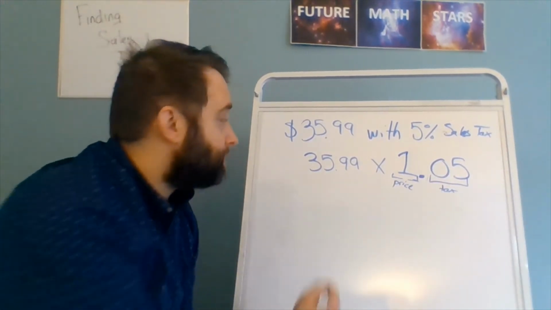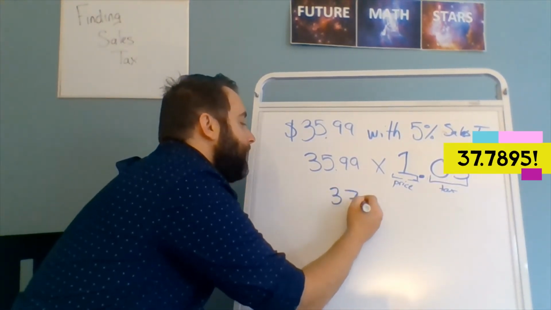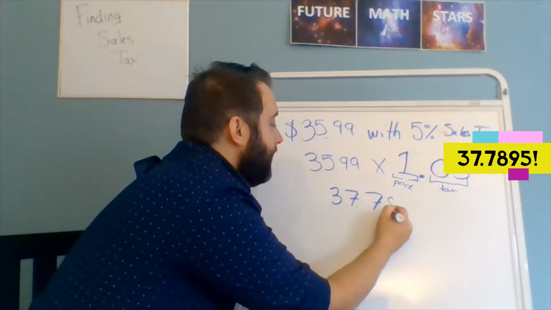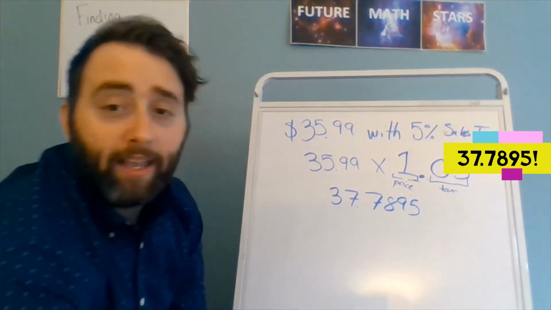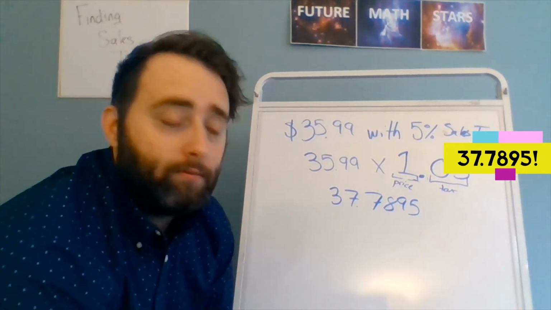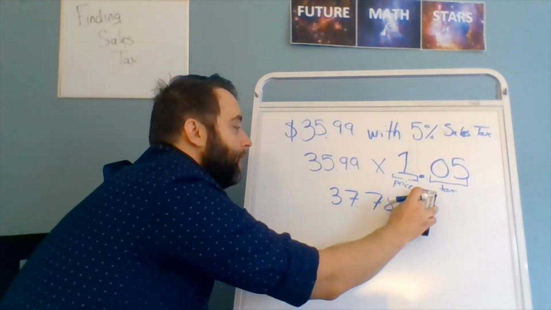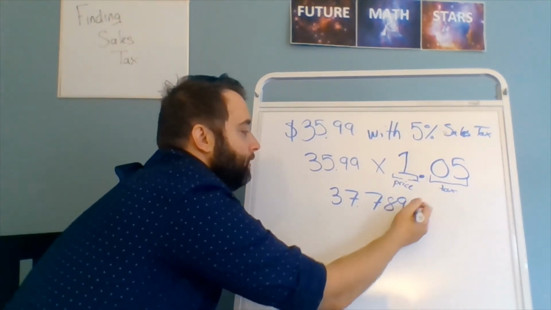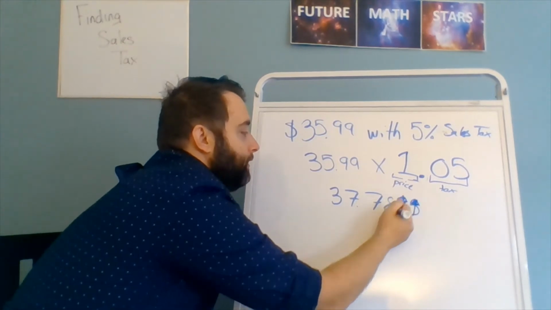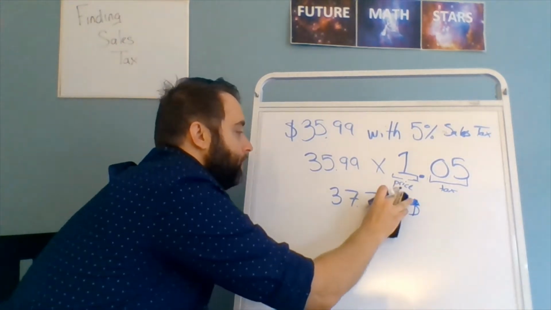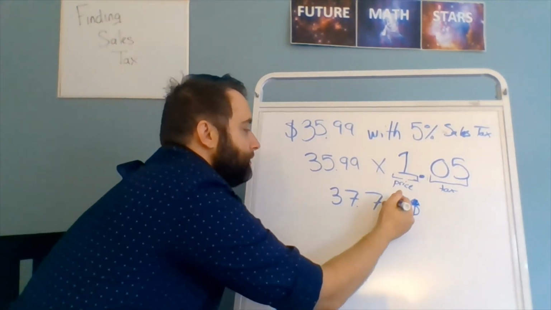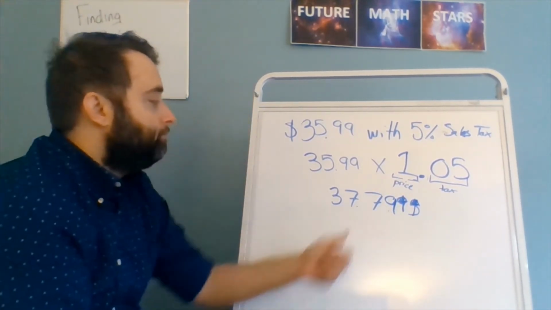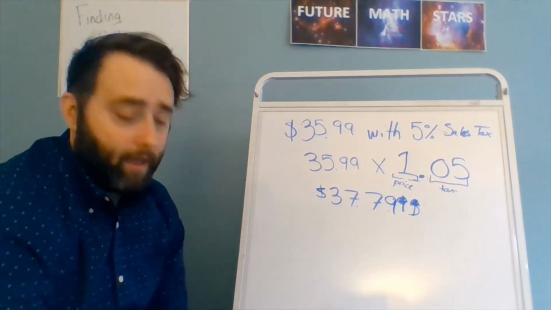My final price will be 37.7895. At this point, I can now round. So 5 or above, give it a shove. That goes up. That goes up. And that goes up. So my final sales price, 37.79. Boom.